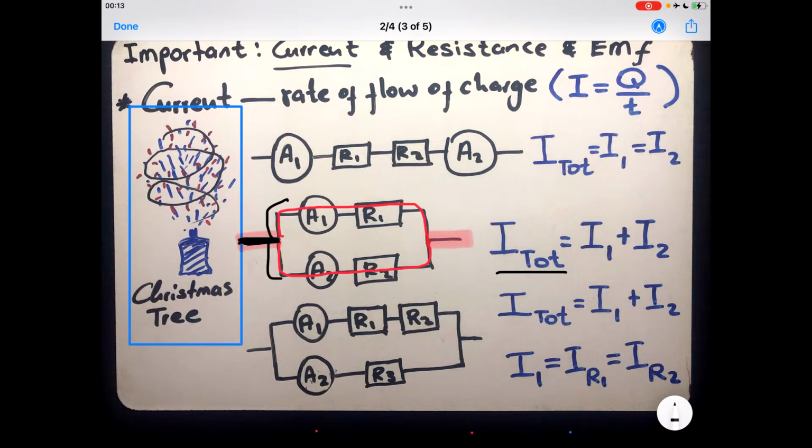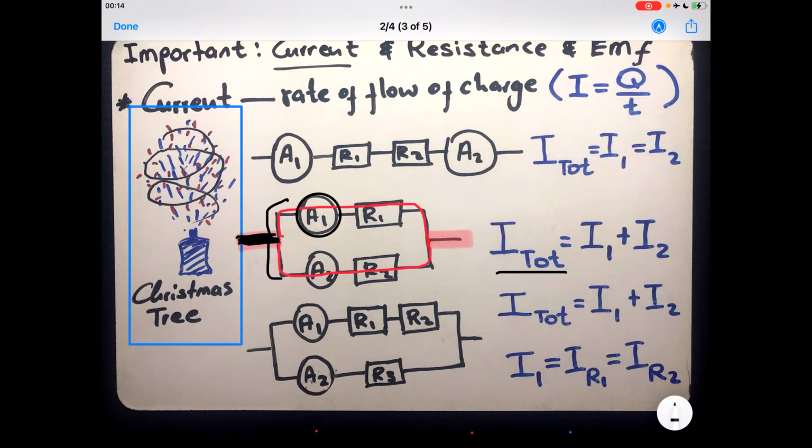The current passing through there is actually thinner when you compare it with the current passing through there, because it has split in two ways.